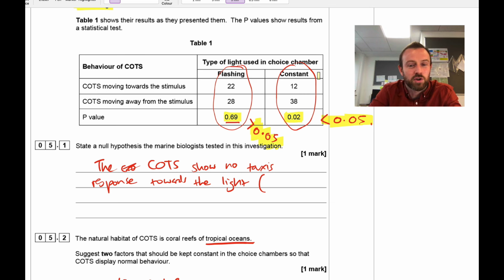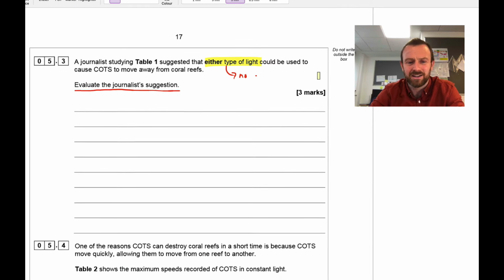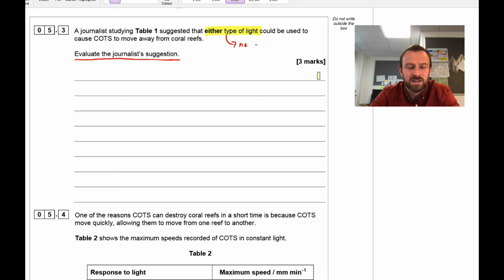But if you were doing it in an ocean, would that constant light be bright enough to travel any distance? Because a coral reef is a big thing. How many lights are you going to have? Seems a very silly suggestion, to be honest. So that's probably what I would go for as my third point.